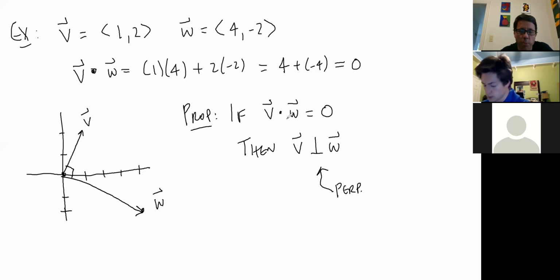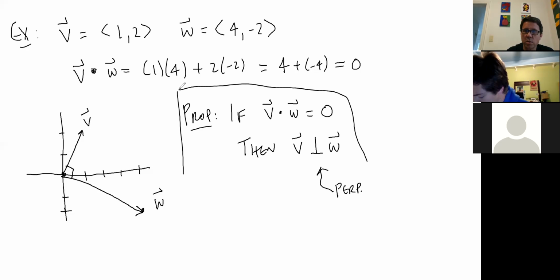If the dot product turns out to be 0, then they're perpendicular, and the reverse also holds. They're the same thing. So perpendicular and dot product 0 are one and the same. So the dot product can talk not only about length, but also about the angle between vectors. That's kind of nice.